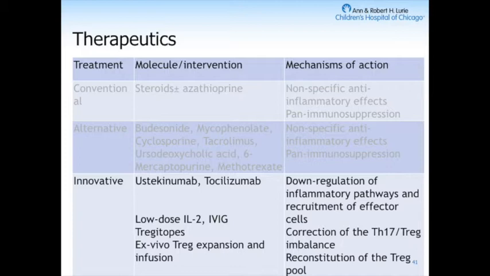These ones downregulate inflammatory pathways, so they try to just decrease inflammation. Low-dose IL-2 and IVIG try to act at the cytokine level. And then giving T regulatory cells, which previous speakers have spoken about, is supposed to normalize your T regulatory cells, which are abnormal if you have autoimmune hepatitis.